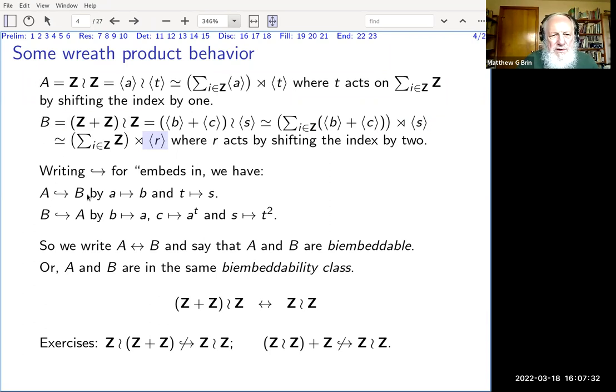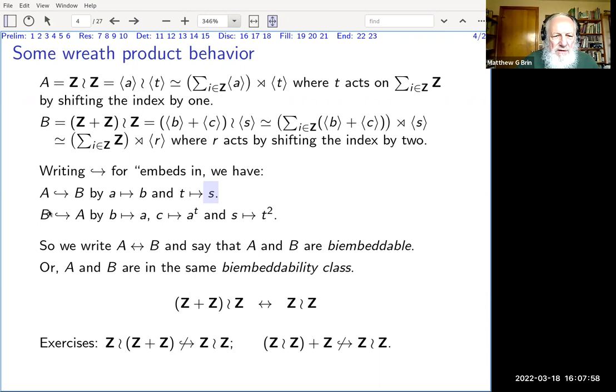However, A embeds in B. You take the bottom z over here, you embed it in the left of the bottom 2 z's over here. You take the top generator, you send it to the top generator here, and you have embedded A into B by skipping every other bottom z, and you have embedded it as an infinite index subgroup.